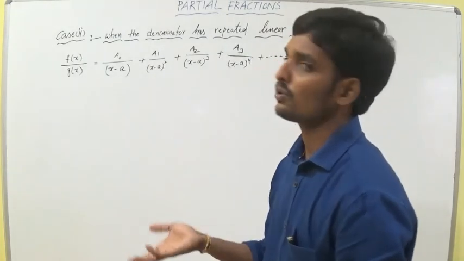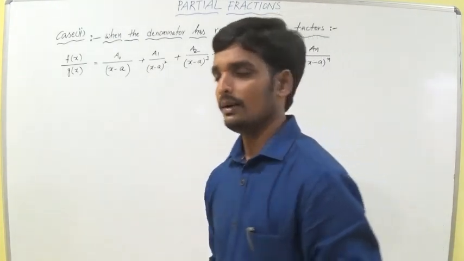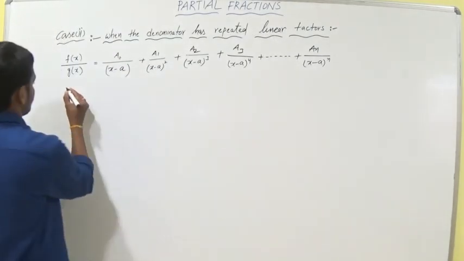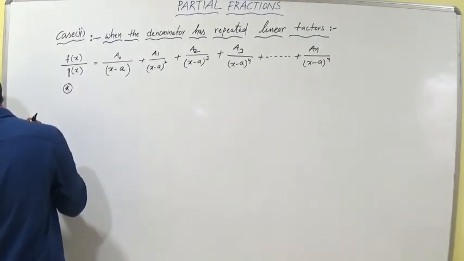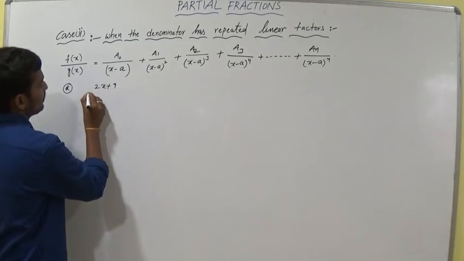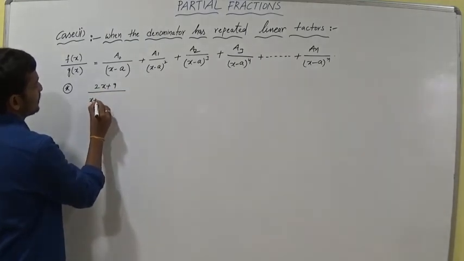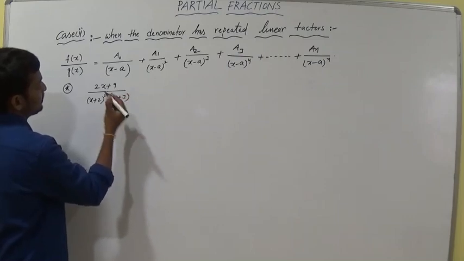Before going to problems, we have to see one example. For example, 2x plus 9 by (x plus 2) whole square into (x plus 3).